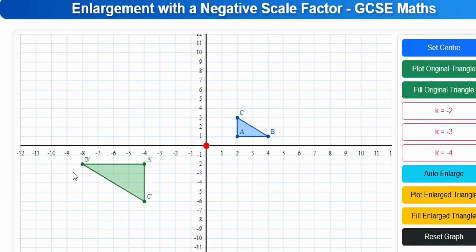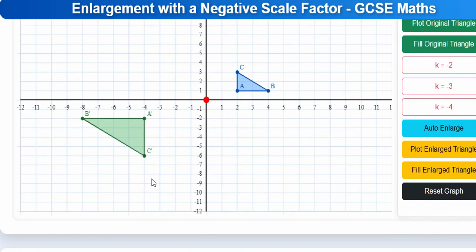As you can see, it's bigger than the original one because the scale factor was an integer, though it was negative. And because it was negative, you can see in the diagram that the new triangle is flipped 180 degrees, where the x-axis scale is negative and also the y-axis scale is negative.